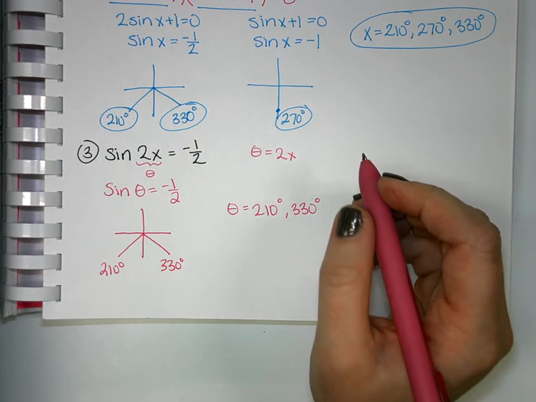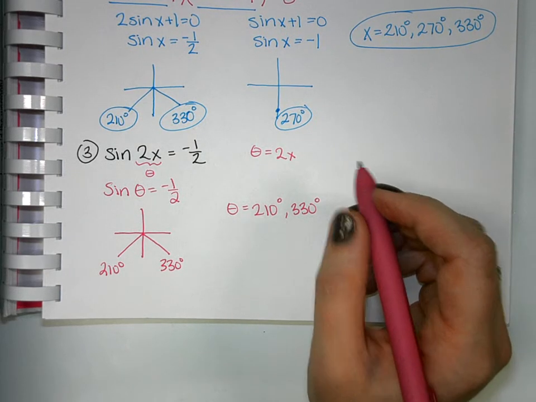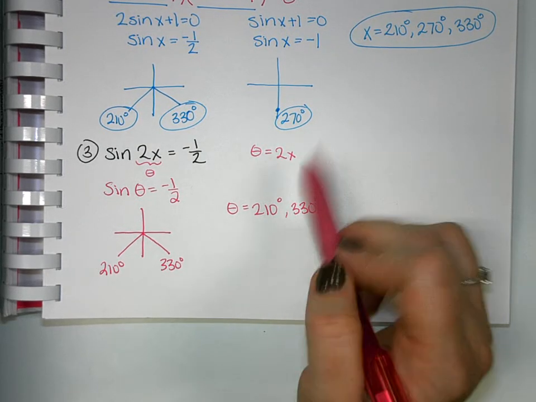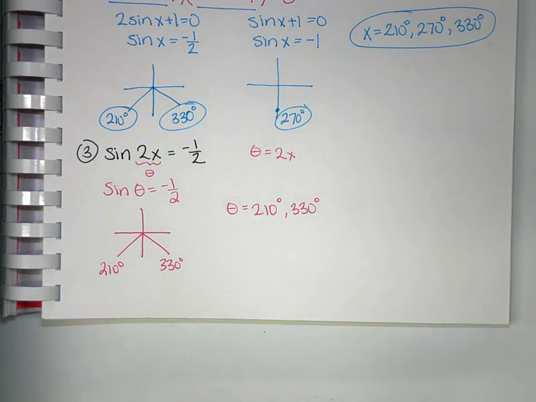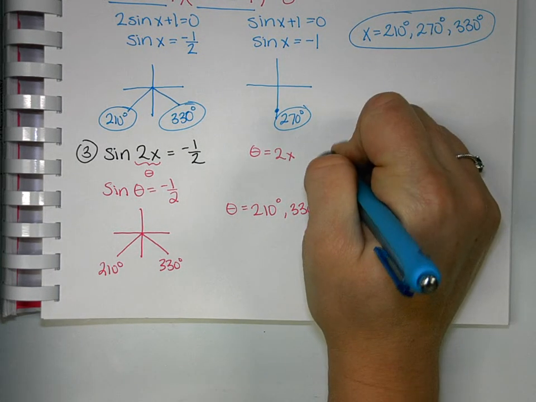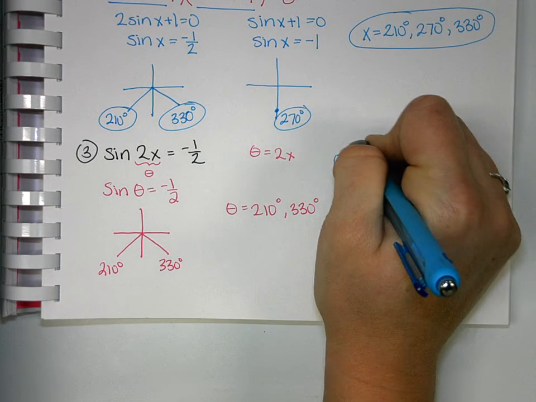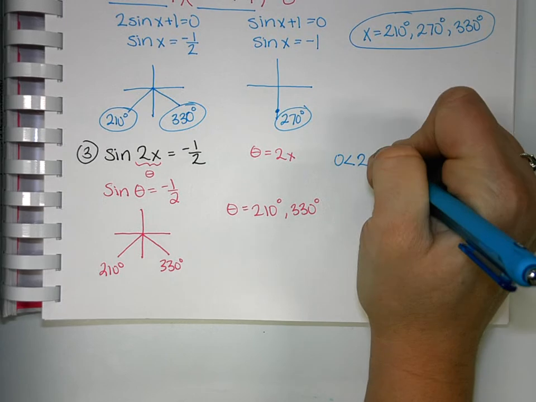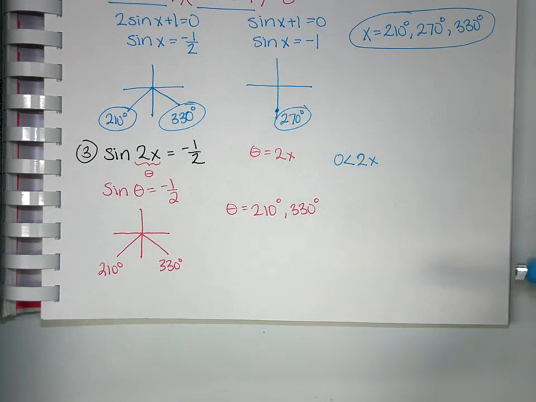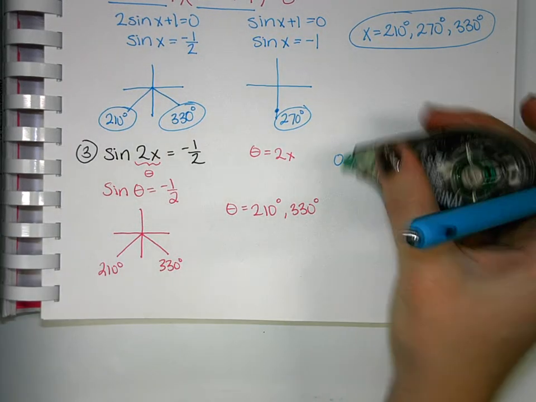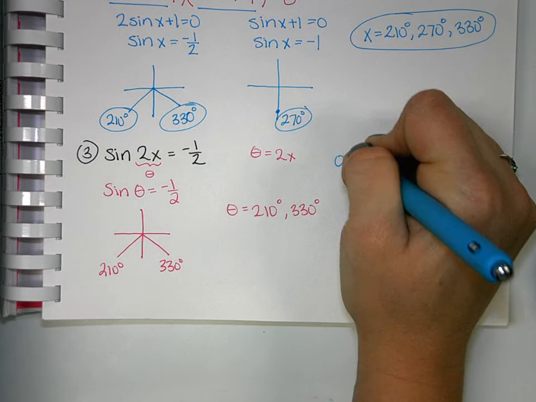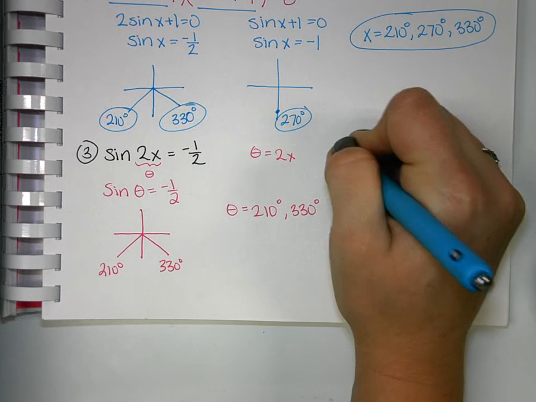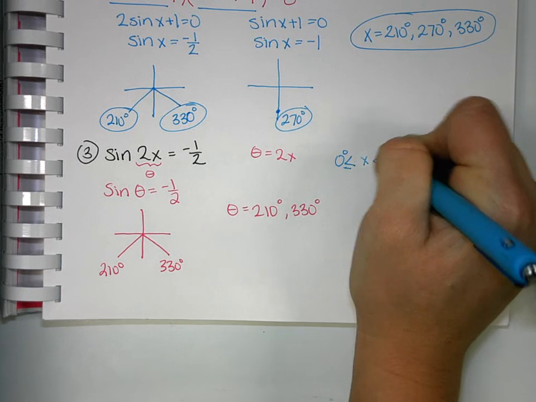So now what we have to think about is this 2x here. If we go back to our range, all of our answers are supposed to find where x is between 0 and 360.